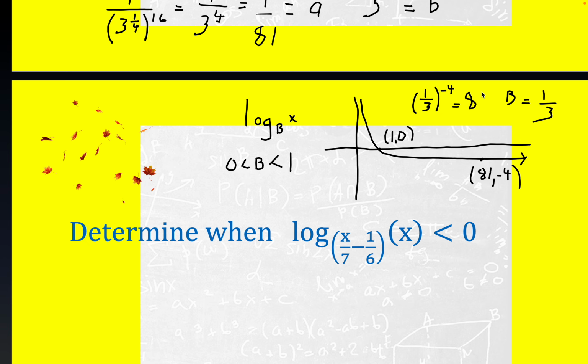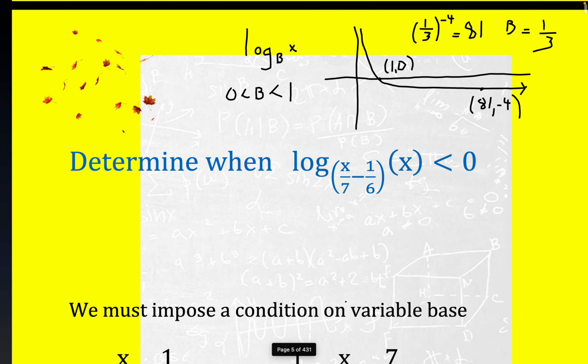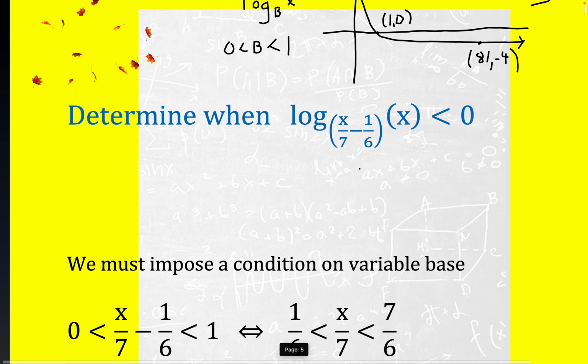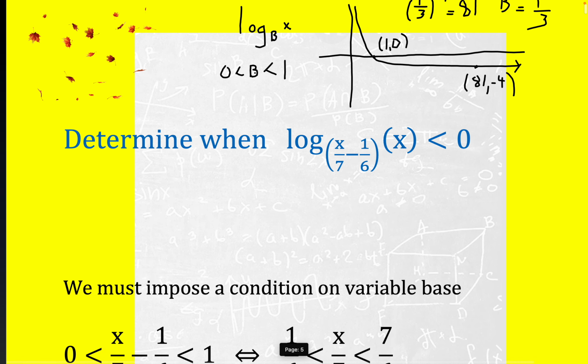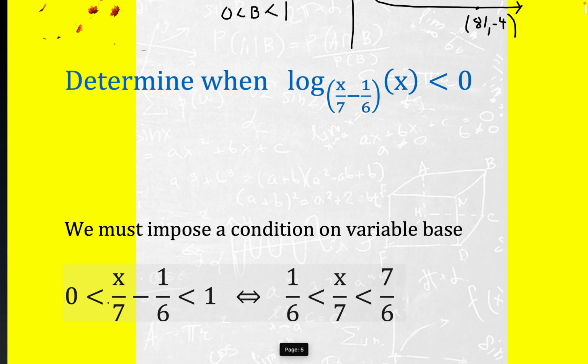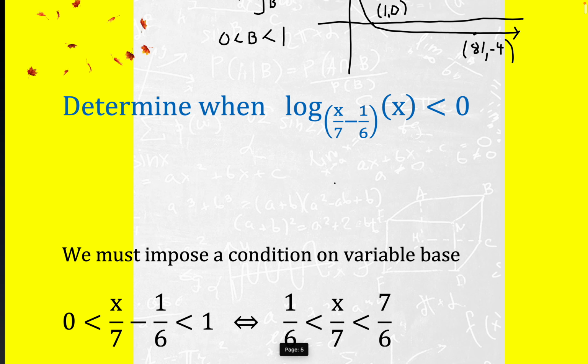Now, I think it's been worth the time to show you this, because what we have to do to make sure that this statement is true is we have to force this condition of being trapped between 0 and 1 on this variable base. See, it's totally consistent with what I've shown you up here. So we're going to force our variable base to be between 0 and 1, because that's how the graph gets to be negative, right?